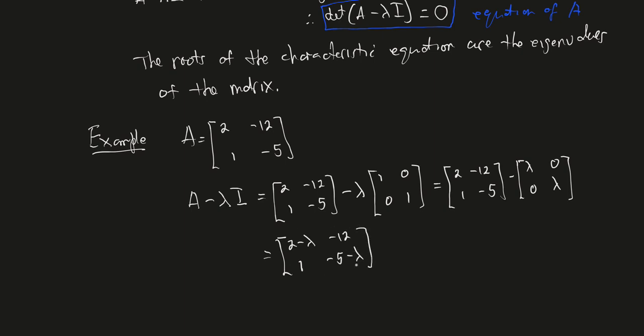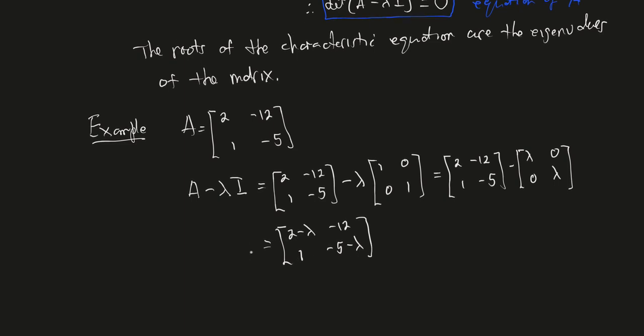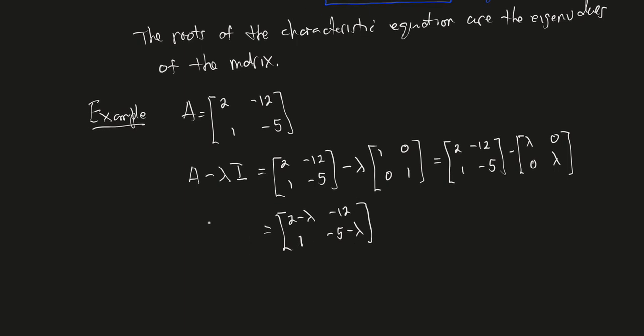That's the coefficient matrix of this new homogeneous system. And we need this matrix to be singular. So we need to find the values of lambda that will make the determinant of this matrix equal to 0.